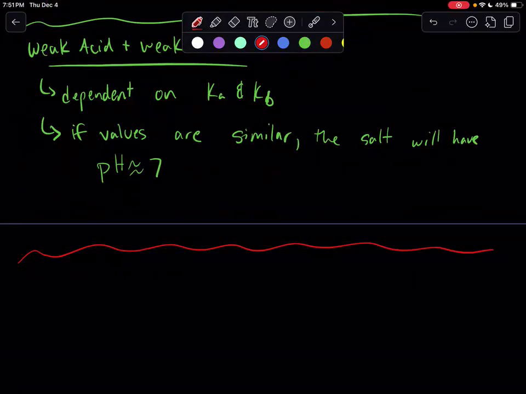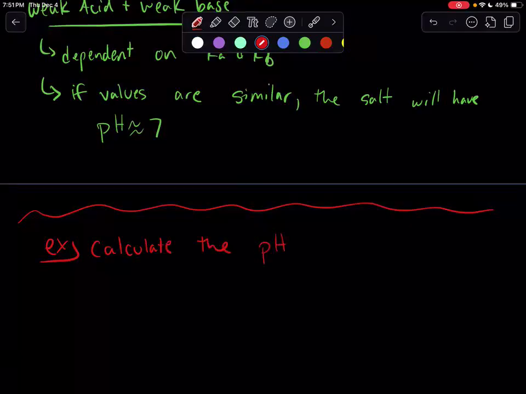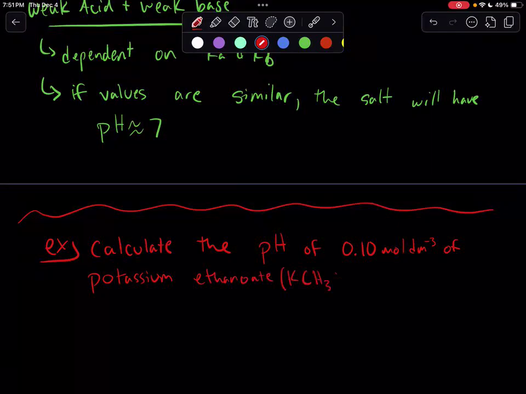like this worked out on your DP exam? And it's pretty straightforward. They will just ask you to calculate the pH of some solution. So in this case, we'll say 0.10 mole decimeter cube inverse of potassium ethanoate, for which you'll probably get the formula.